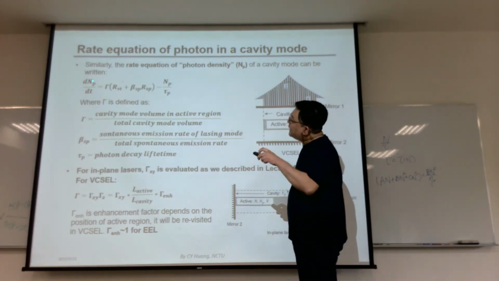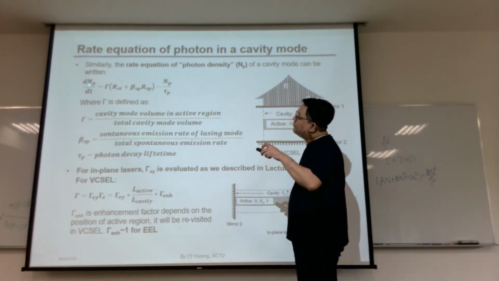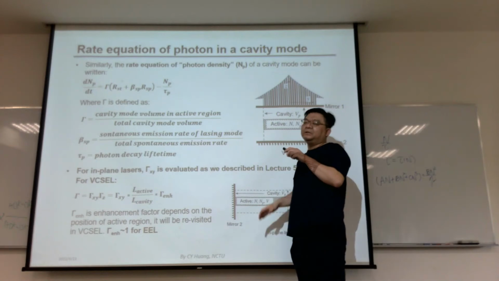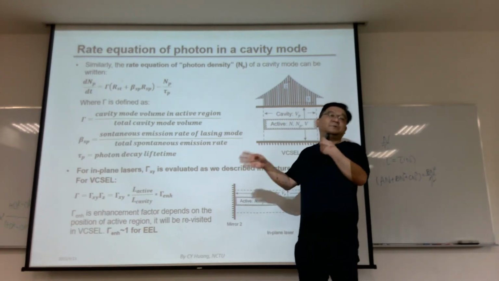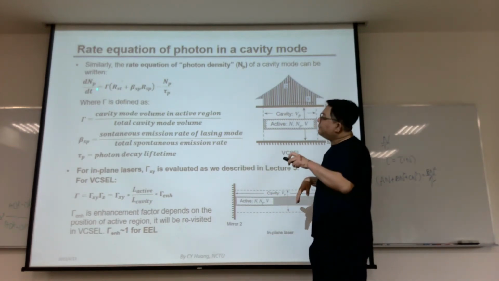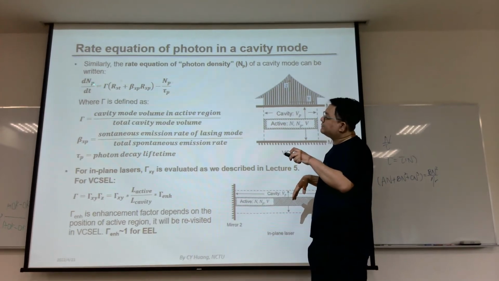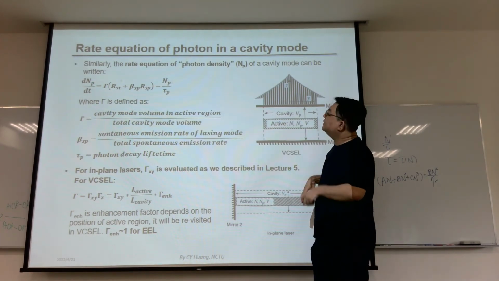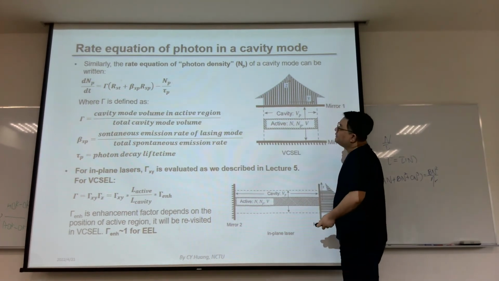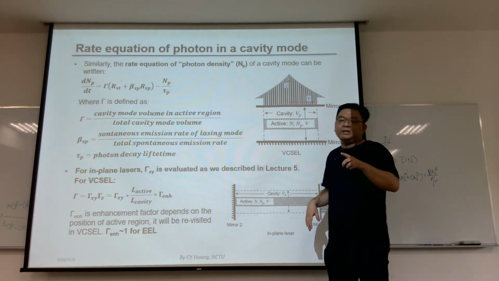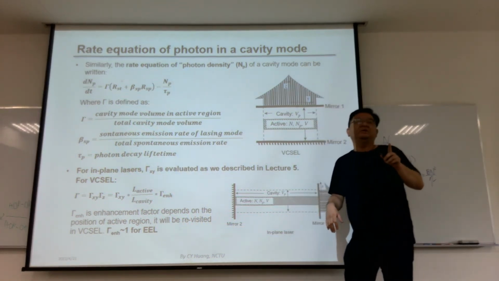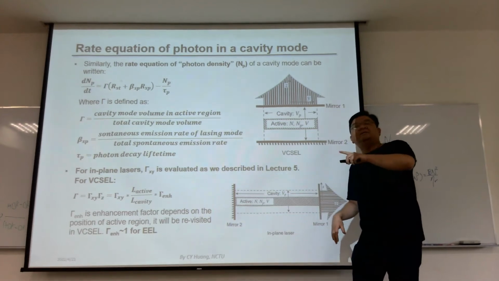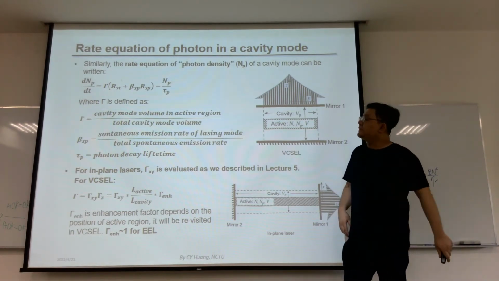So we write N_P as the number of photons, in order not to confuse it with the number of carriers. So the number of photons is N with subscript P, dN_P over dt. Then similarly, it should be the generation minus consumption.